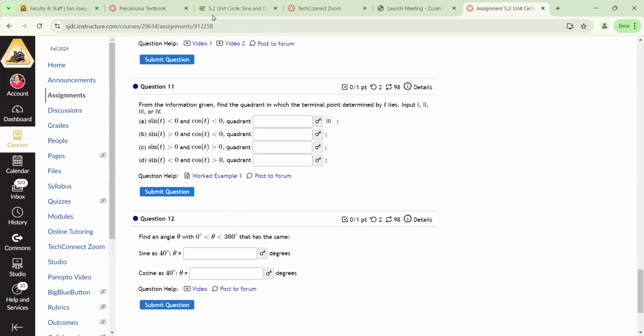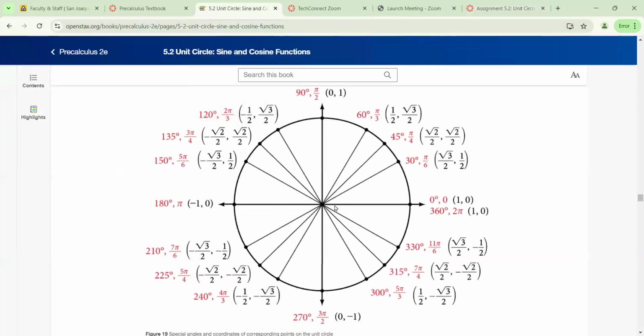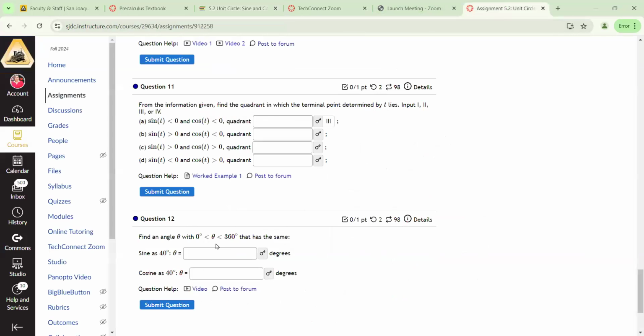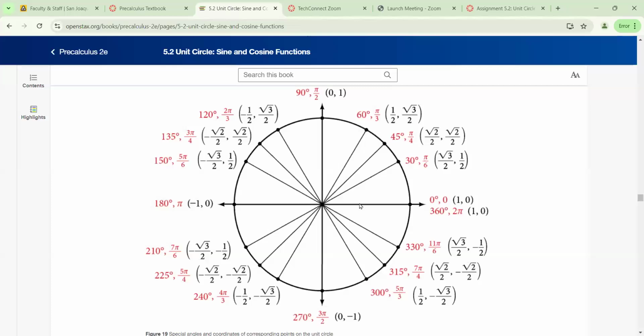Then sine positive, cosine negative. The cosine value is the first value and the sine value is the second value. Sine is y. Sine positive, sine is the y value positive, cosine negative.